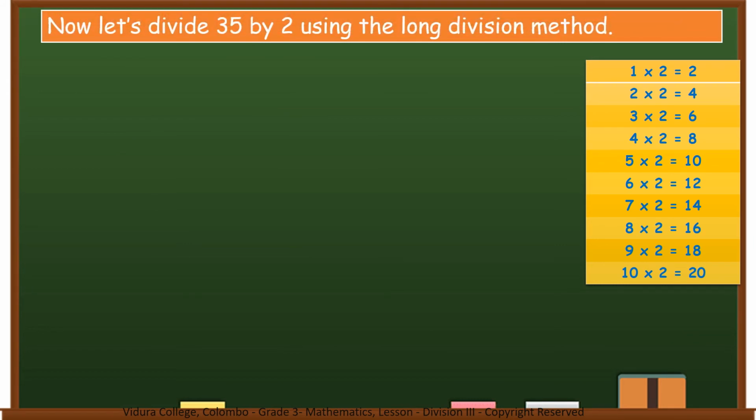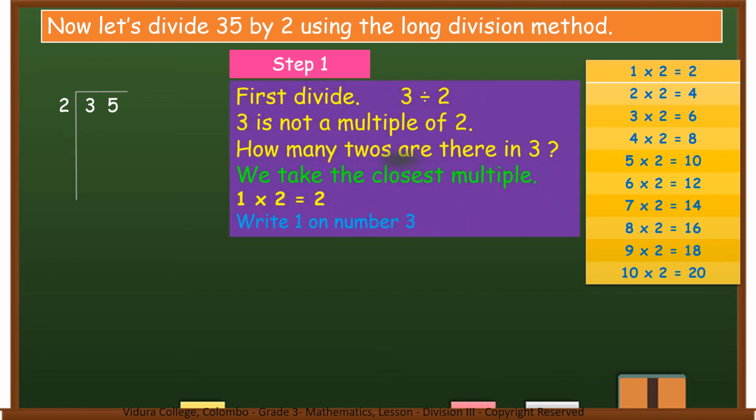Now, let's divide 35 by 2 using the long division method. Step 1. First, divide. 3 divide 2. 3 is not a multiple of 2. Then how many 2's are there in 3? We take the closest multiple. It is 1 times 2. Write 1 on number 3.